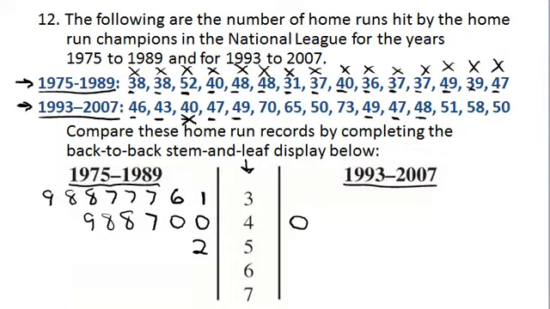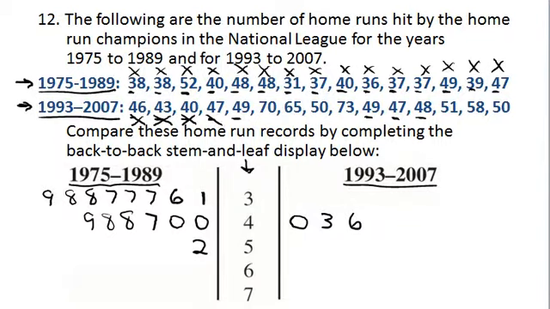And there is no 1. I don't see a 2. There is a 4, 3. And I believe that's the only one. There's no 4. There's no 5. But there is a 4, 6. But there's only one of them.